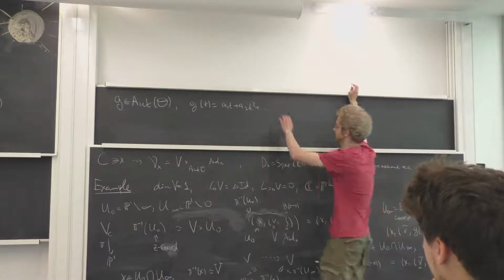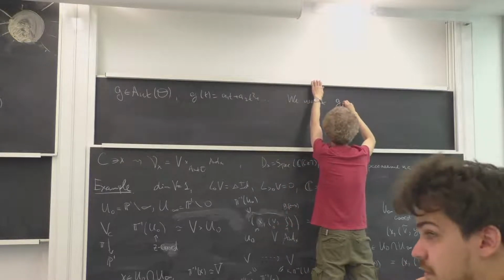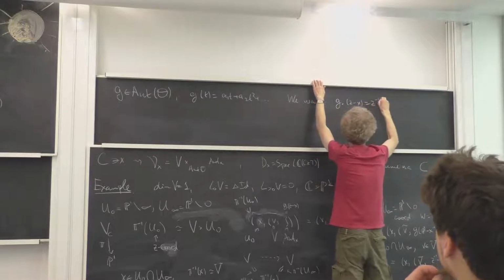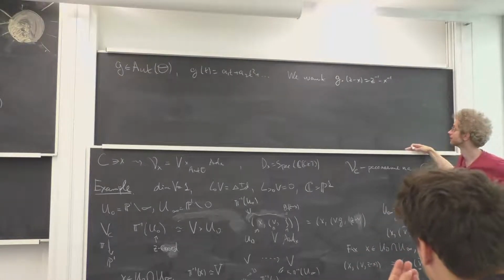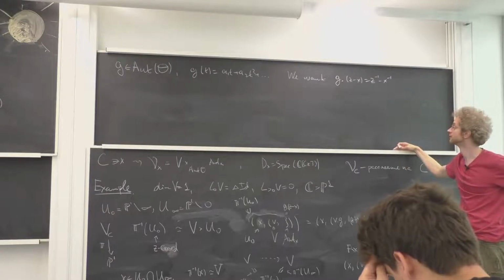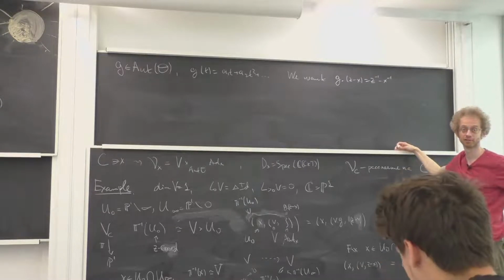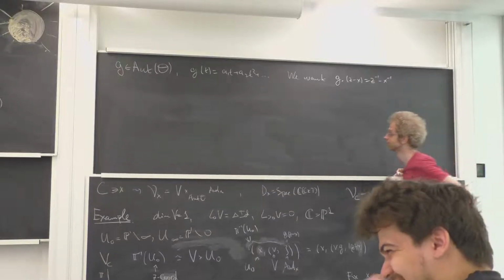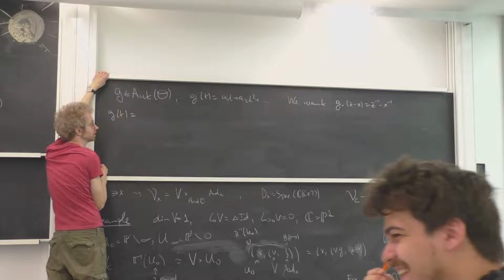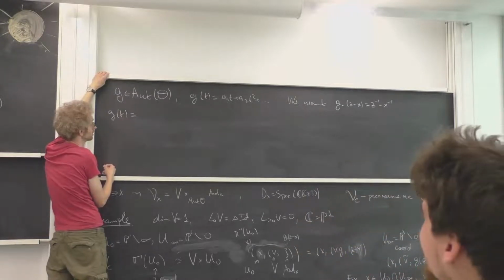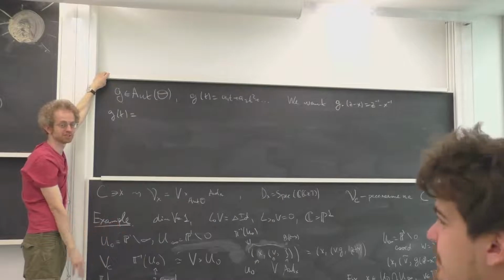So what is this series? So g of t equals what? t is a variable such that our g depends on t. So this should be some series.